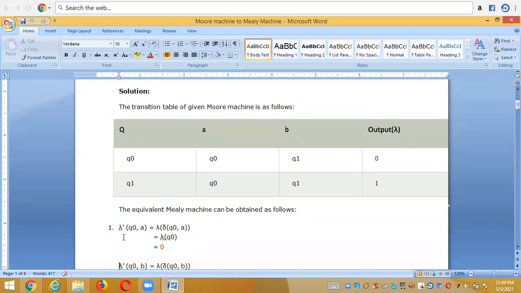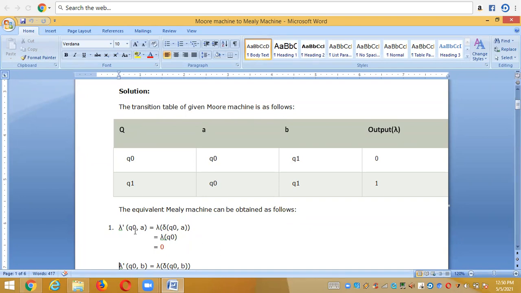So now I'm constructing lambda dash of Q0 with A. For constructing the extended output function, I have a formula. First, I need to simplify it, just by using two functions: the output function as well as the transition function. That means the extended output function is simplified into an output function along with its transition function.